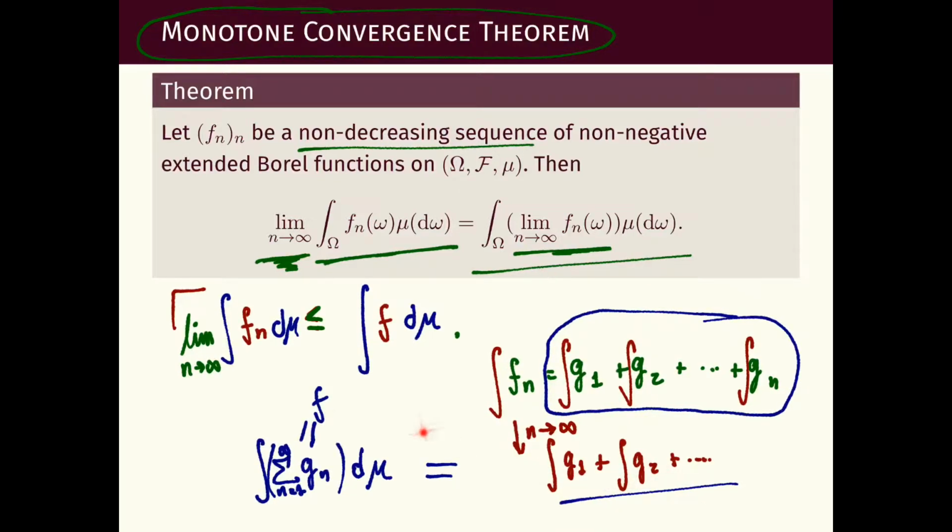Now we use the property again of the integral being sigma additive, and we see that this function that we're integrating here is f, which means this integral here equals the integral of f. So what we have proved through this path is that the integral of fn converges to the integral of f, which is the content of this theorem.